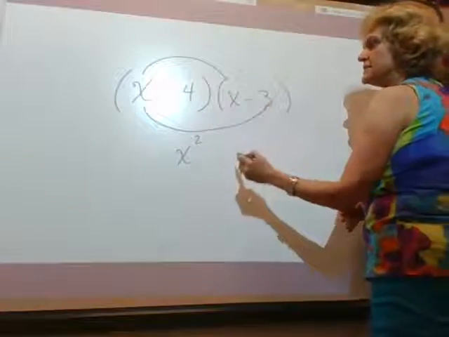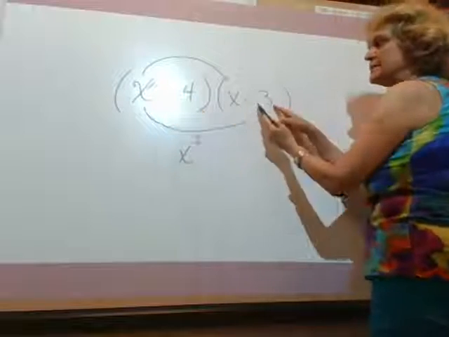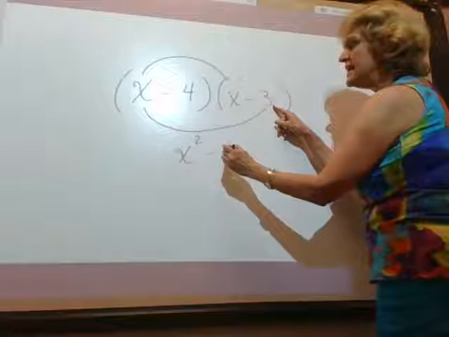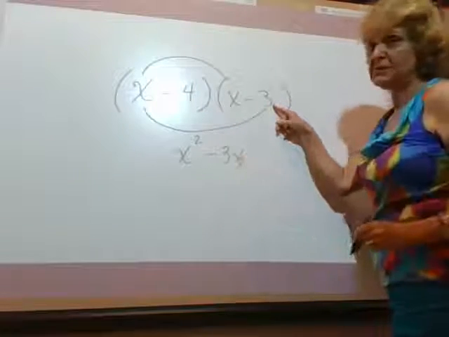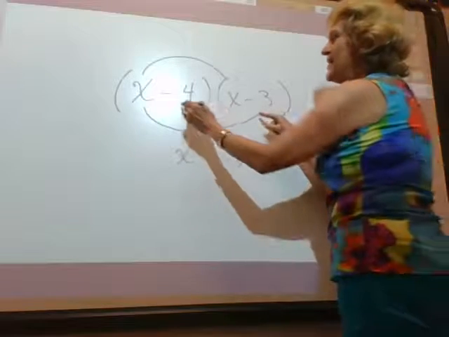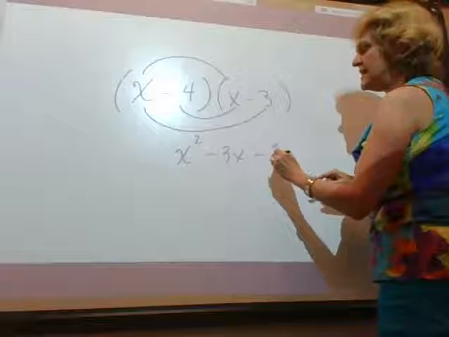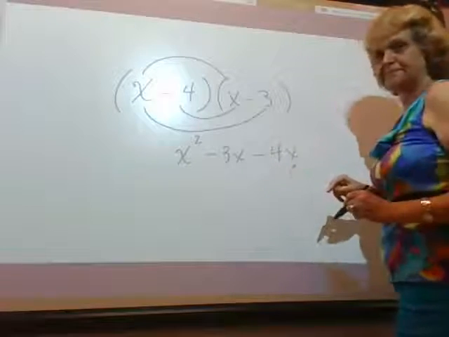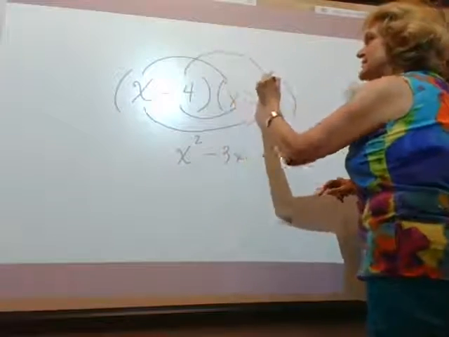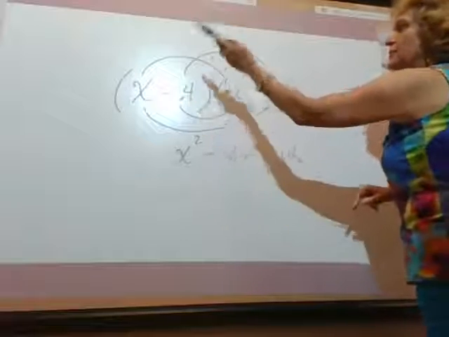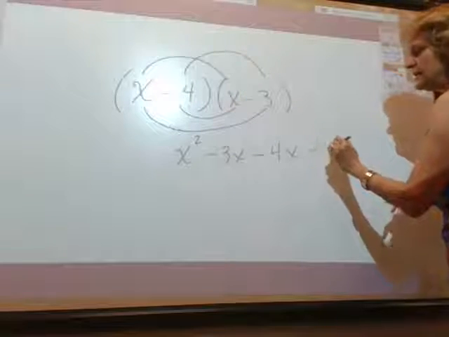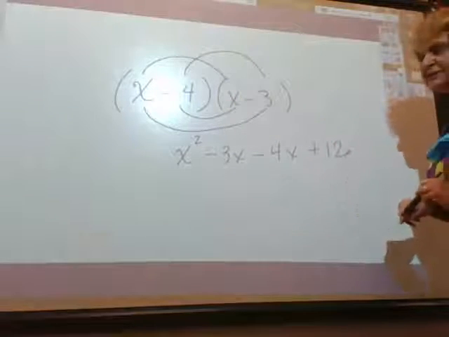Outside times outside, so x times negative 3 is negative 3x. You have to be very careful with those signs. Okay, inside products, negative 4 times x, negative 4x. And last times last, negative 4 times negative 3, positive 12.